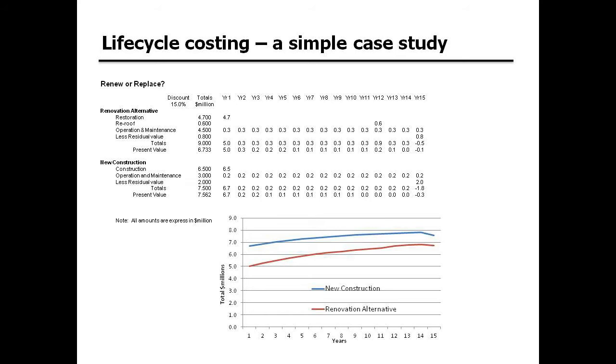And if we place that side by side and consider the costs associated with both the construction and the refurbishment and the operational maintenance, we can see here from the new construction versus the renovation alternative, we can start considering then options on investment initially and investment over time. And in this particular example, a very simple one I might add, the renovation alternative might clearly suit what the client needs, and so a decision can be made.